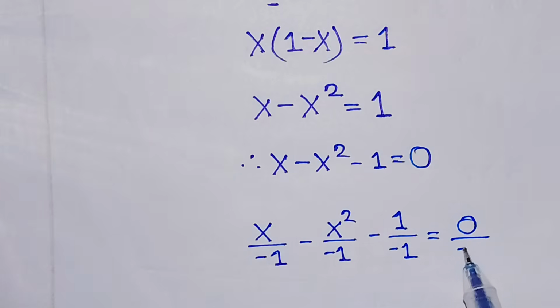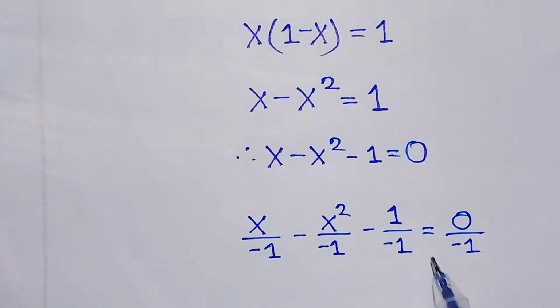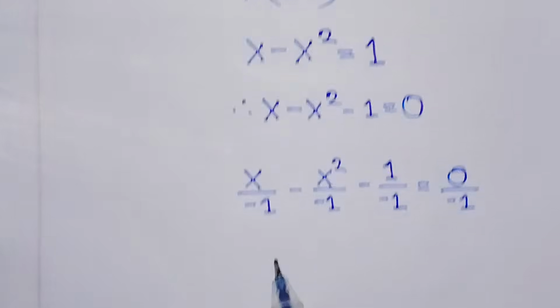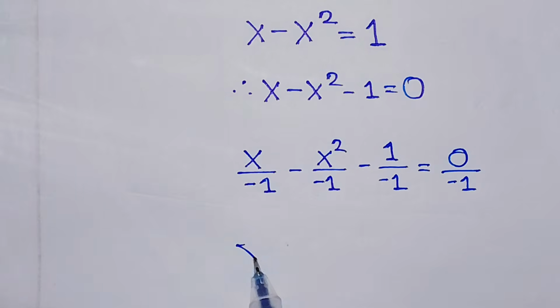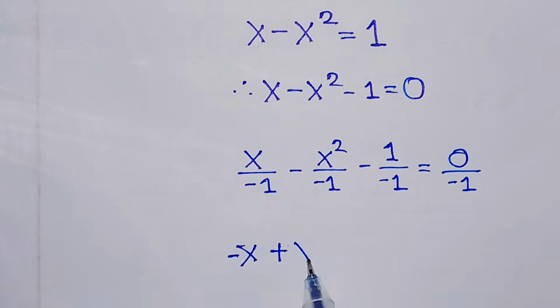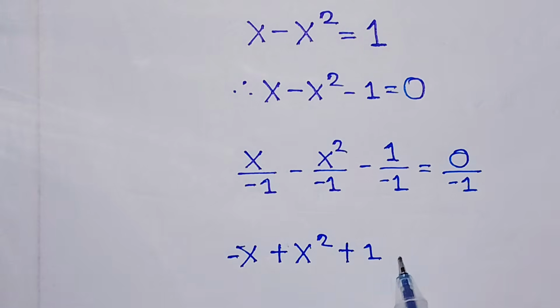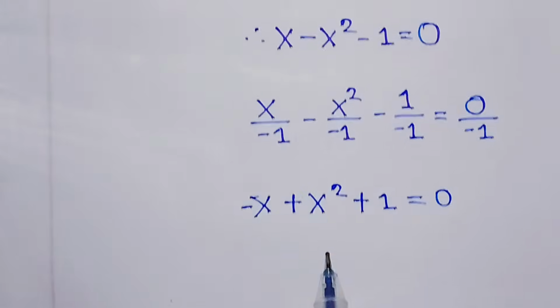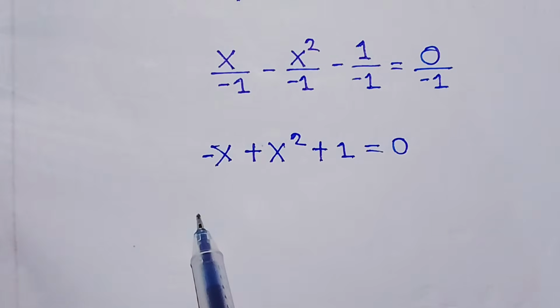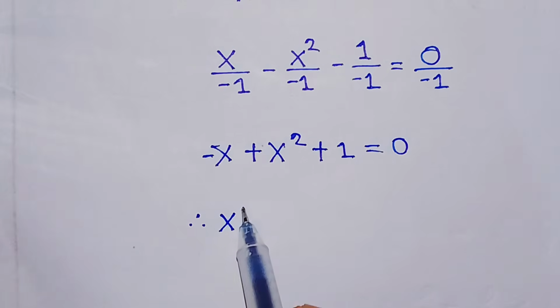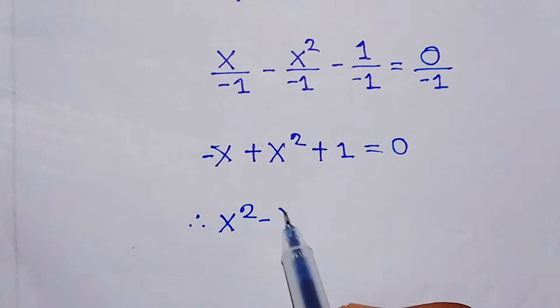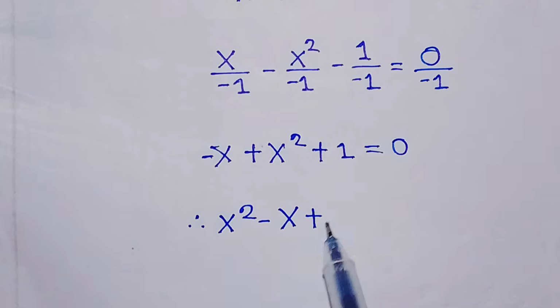We just want the positive value of x squared. So we can write x^2 - x + 1 = 0.